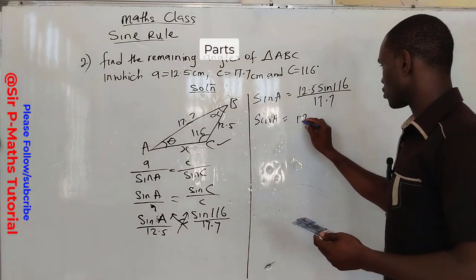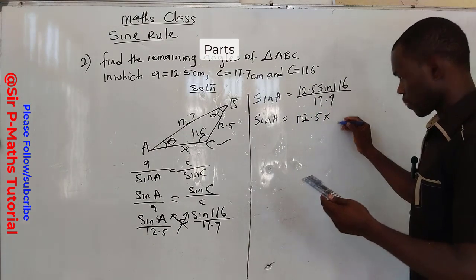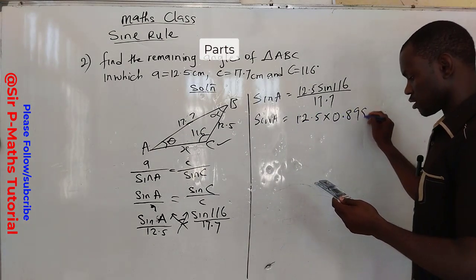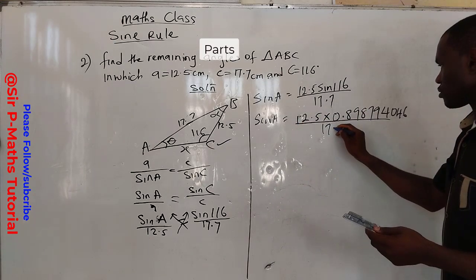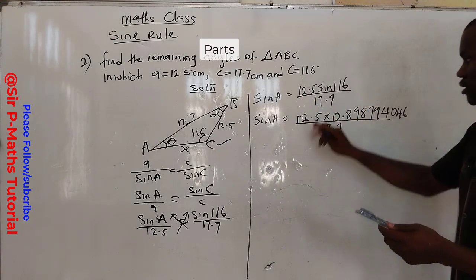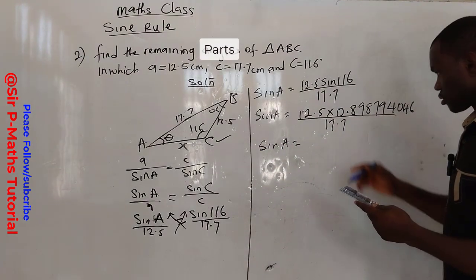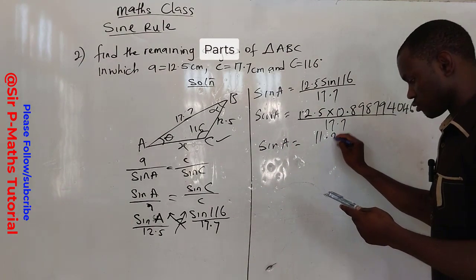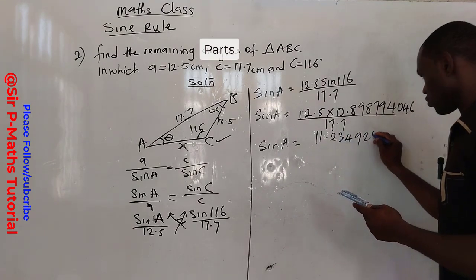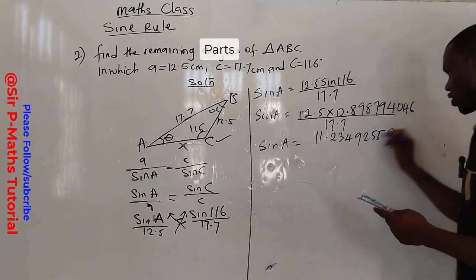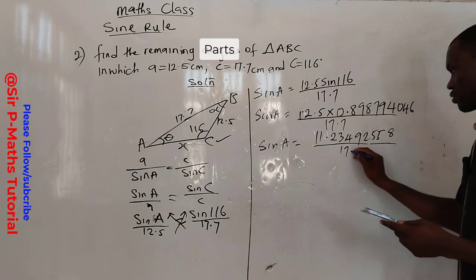This will give us 0.89 over 17.7. Then multiply the numerator. I'll have 11.234925558 over 17.7.